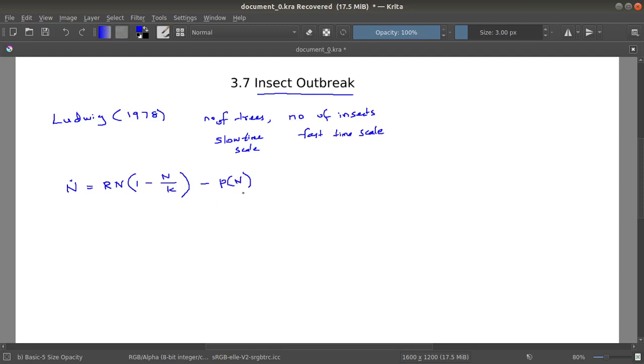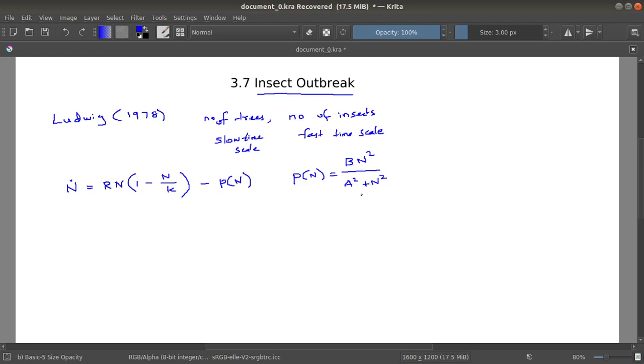But before that, let's see what is the function Ludwig assumed for this p. The function which he assumed is the following: p of n is equal to b n squared divided by a squared plus n squared.